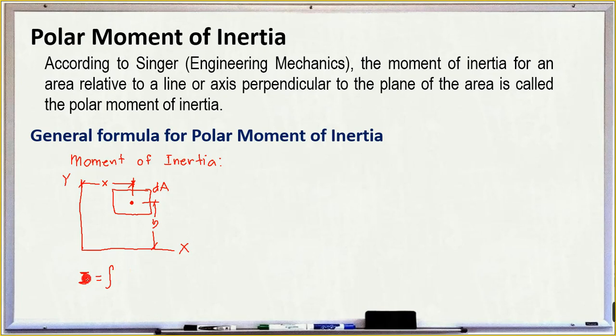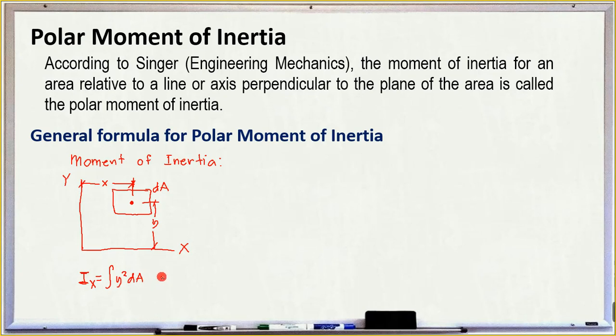The moment of inertia is always associated with an axis. So if you want to take the moment of inertia, unsa man imong reference axis? Here we have two axes, the x-axis and the y-axis. Let's start with the x-axis. The moment of inertia along the x-axis is evaluated by the integral of its distance squared, multiplied by the differential area dA.